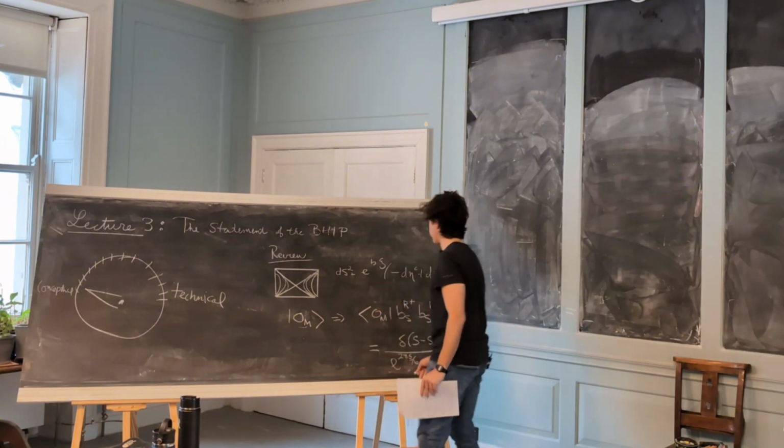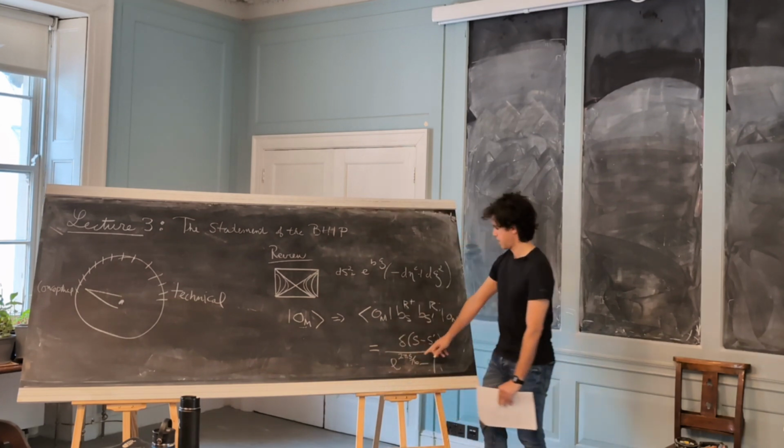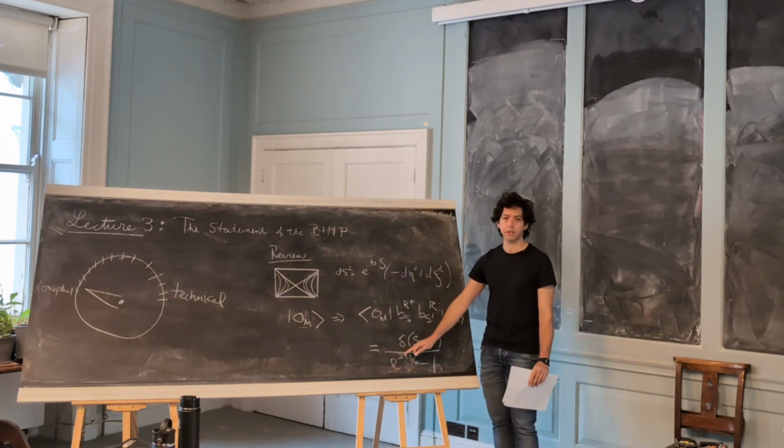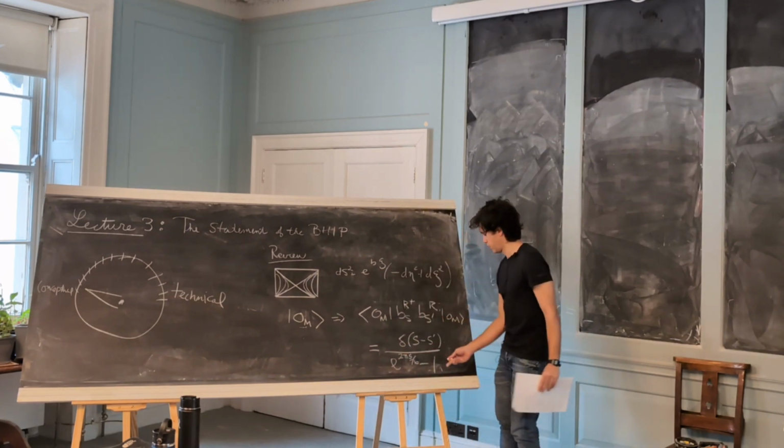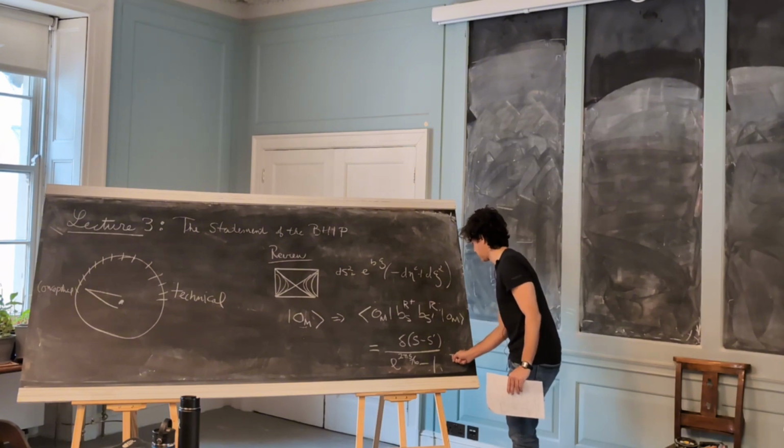Which told us that this is a thermally populated state of bosons where the temperature, T, was B over 2 pi.